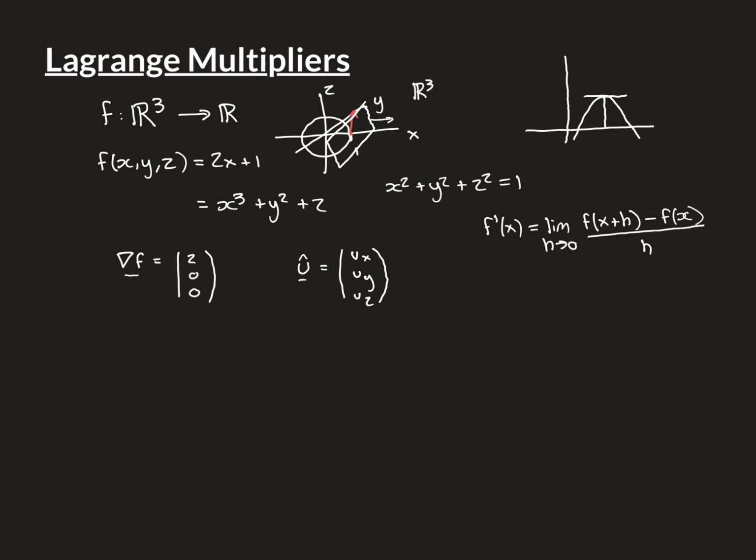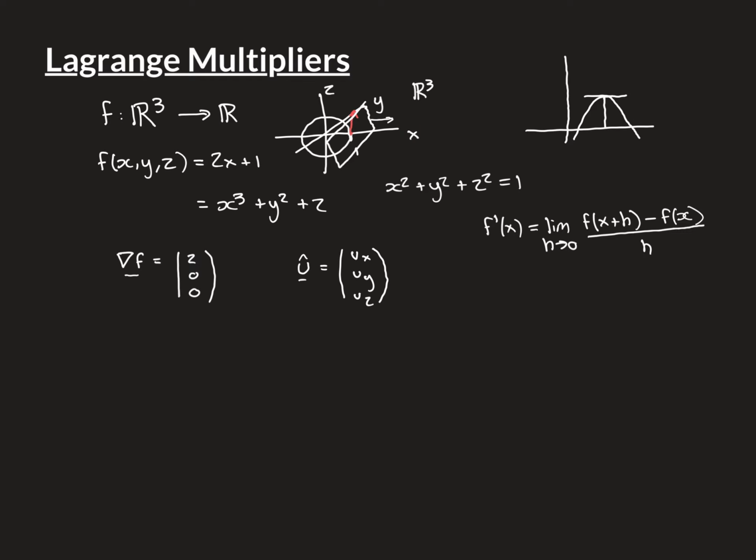This plane is going to be perpendicular to the gradient vector of our function. And of course you can see that that's true. The tangent plane is parallel to the yz plane at that point, and that is orthogonal to this vector, which is 2, 0, 0, and points in the x direction.